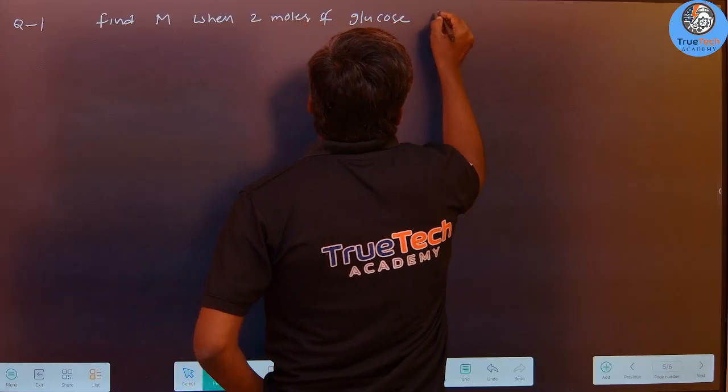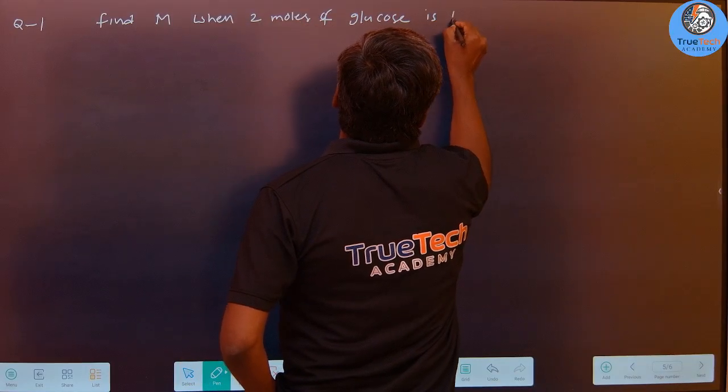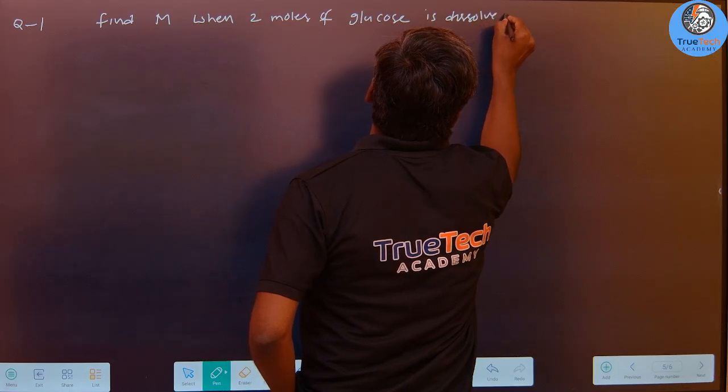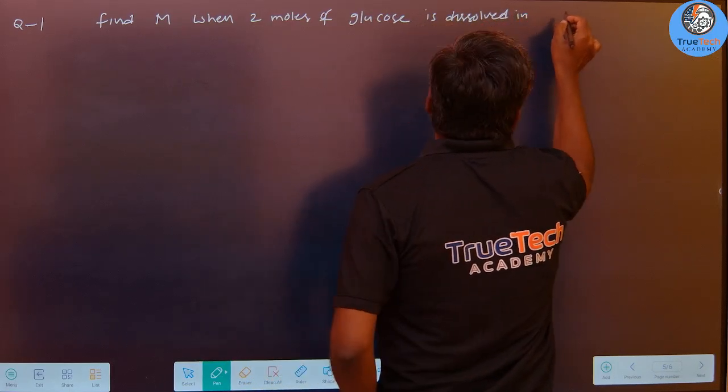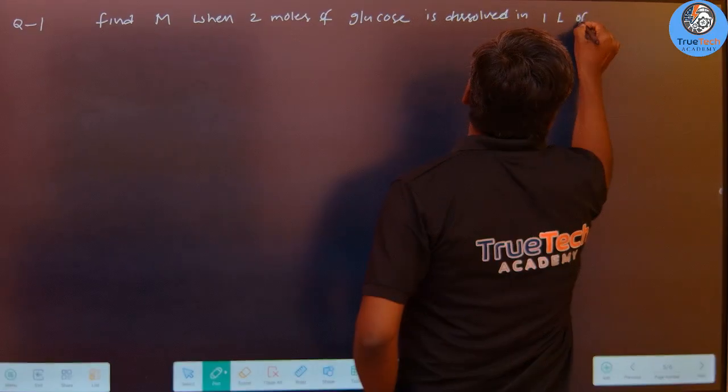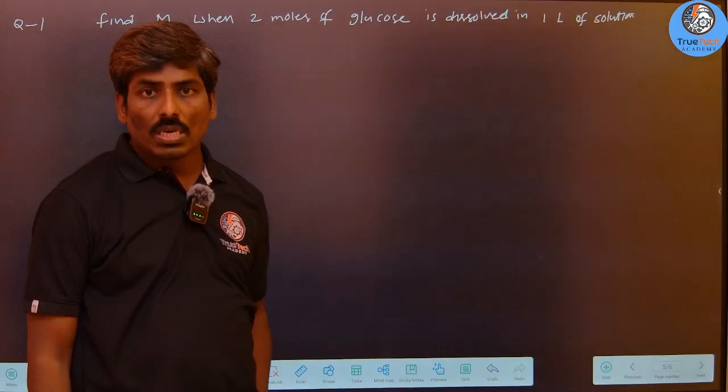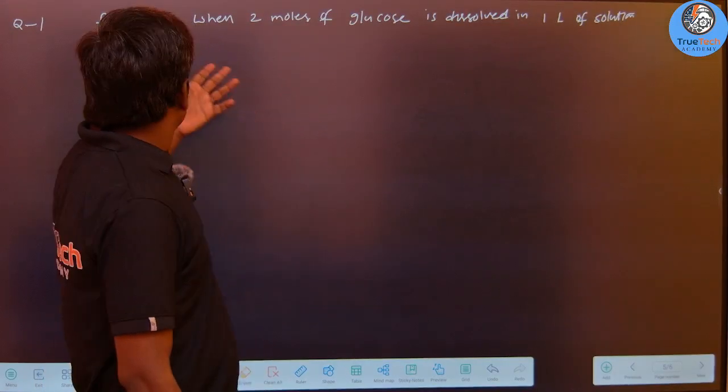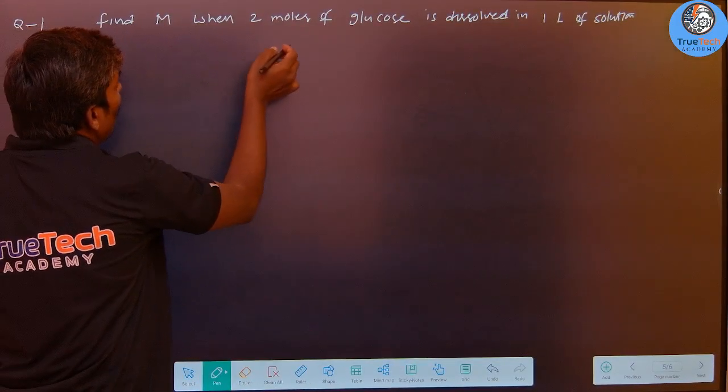Find molarity when 2 moles of glucose is dissolved in 1 liter of solution. We'll do 2-3 questions so that you will get clarity. So, question 1: find molarity when 2 moles of glucose is dissolved in 1 liter of solution.